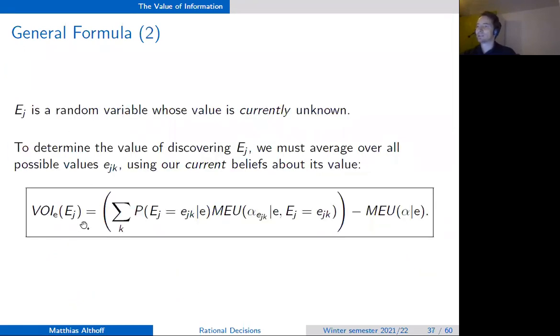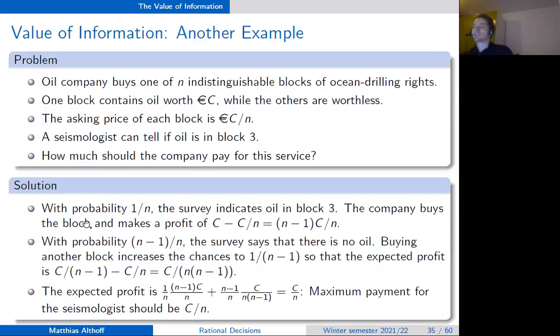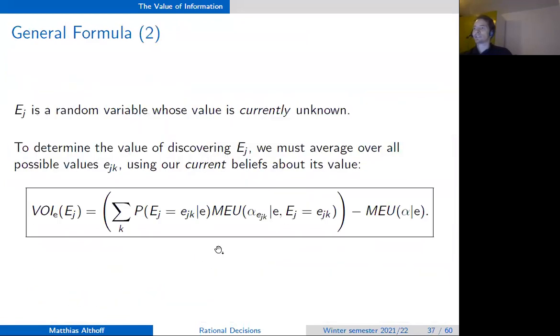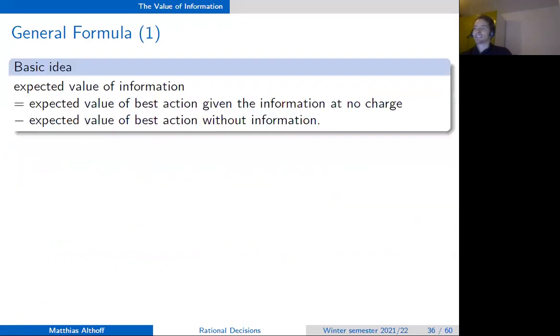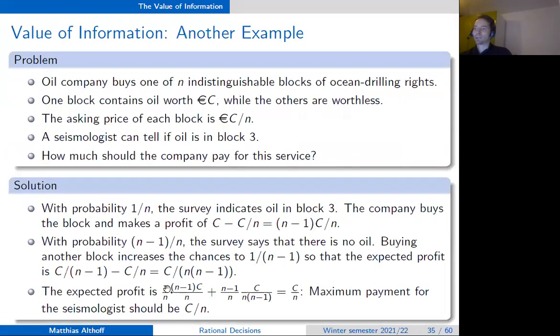So this is then the formula. And here I showed you how to compute the value of information in a direct way, because this is a very simple example. But of course, we can also use this formula. So essentially, in the next slides, I show you how this formula can be used in practice. For this very simple example, however, the direct way is much more compact.